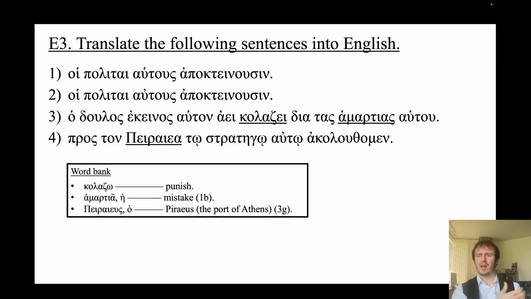If it has a rough breathing, then it's going to be ἁυτον / ἑαυτον. If it has a smooth breathing, it's going to be αὐτος, in which case you need to determine which of the uses of αὐτος you have in that particular sentence. Please do pause the video and translate these sentences into English.